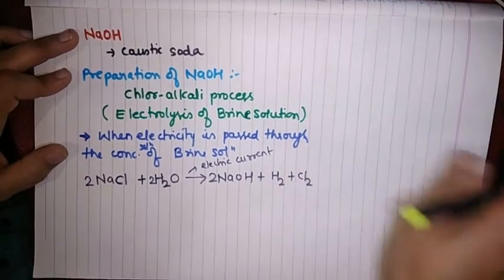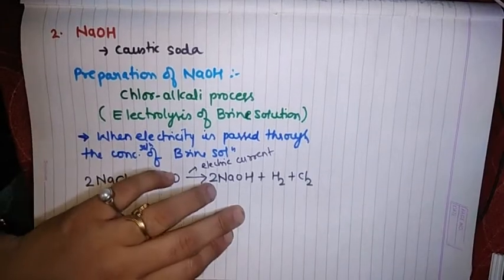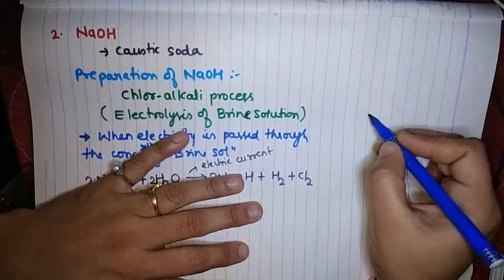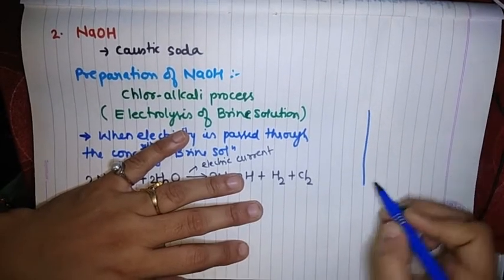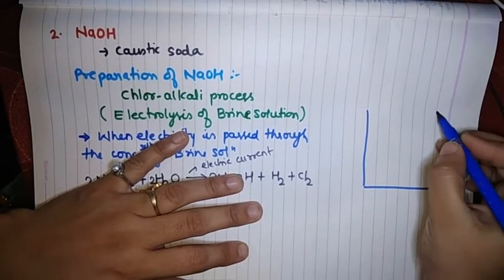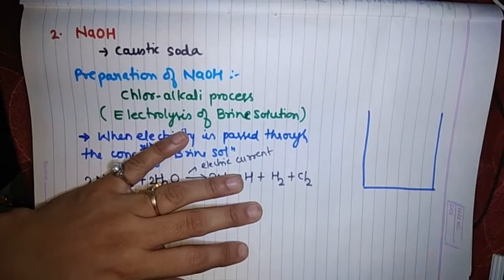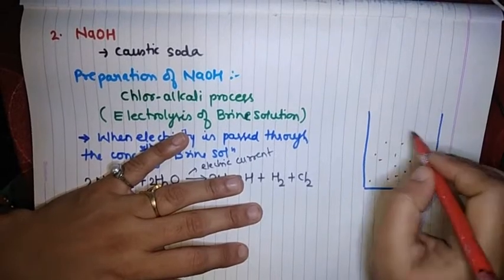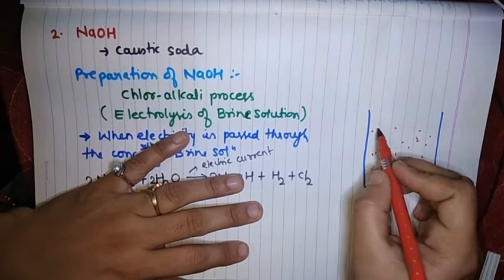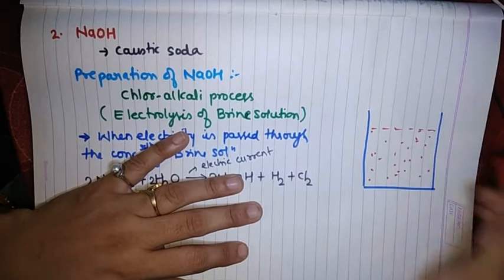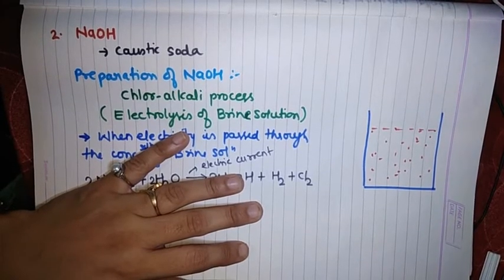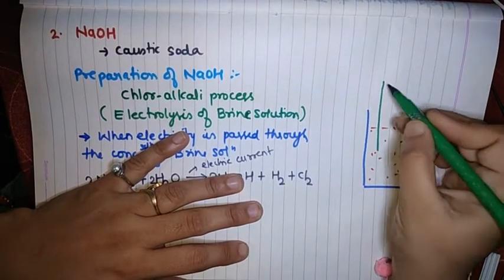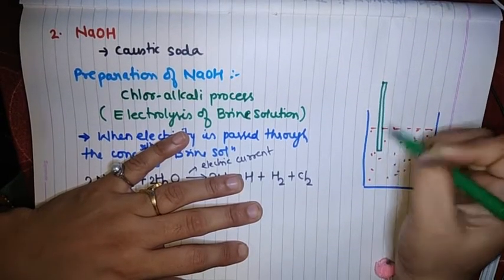How? Let's take a diagram to understand this. In this diagram, we will be taking a container in which we will keep NaCl and water. So this will become our solution, that is your brine solution. Now we will be putting the electrodes in this solution.